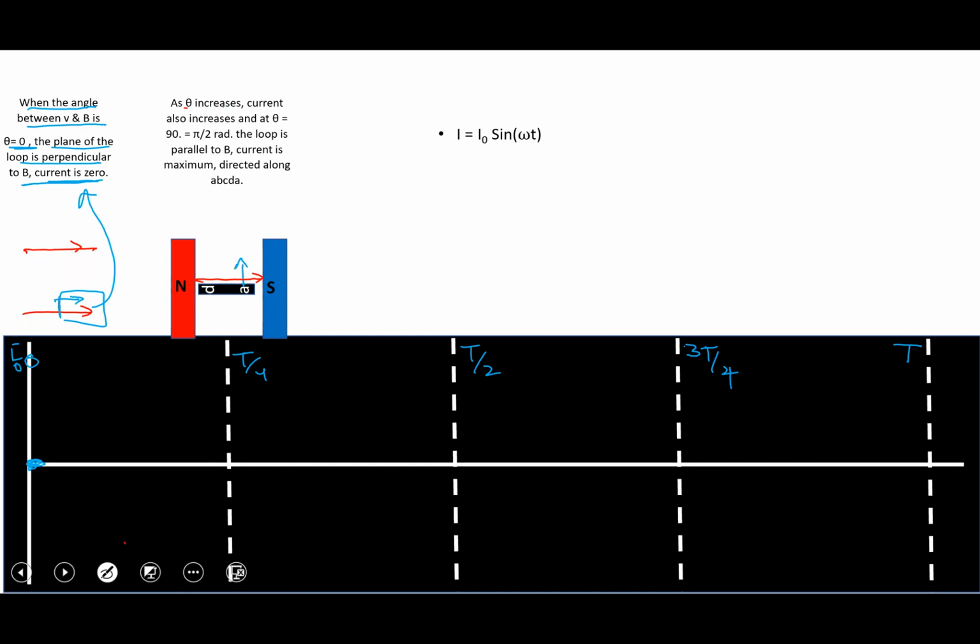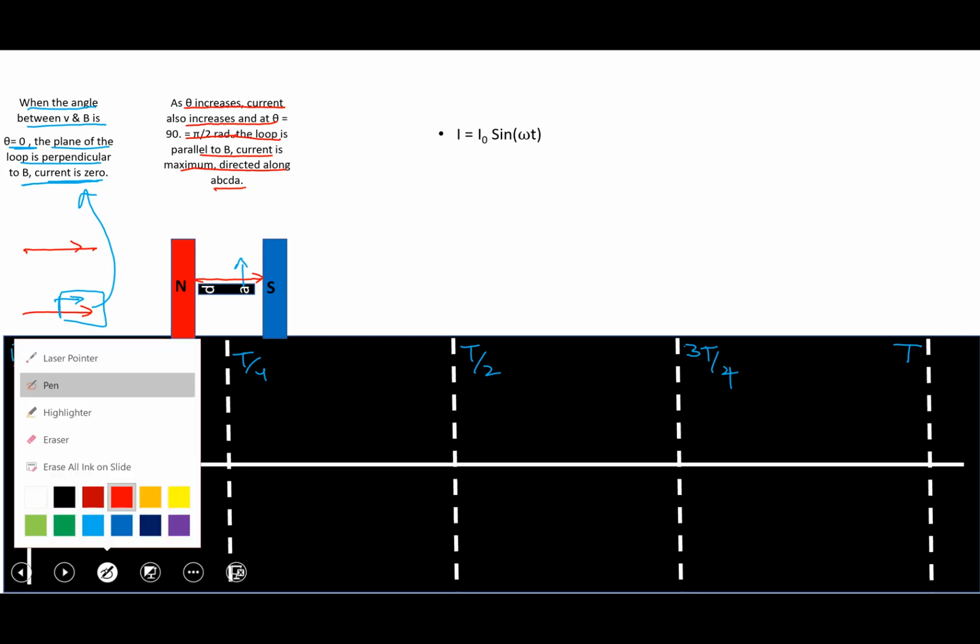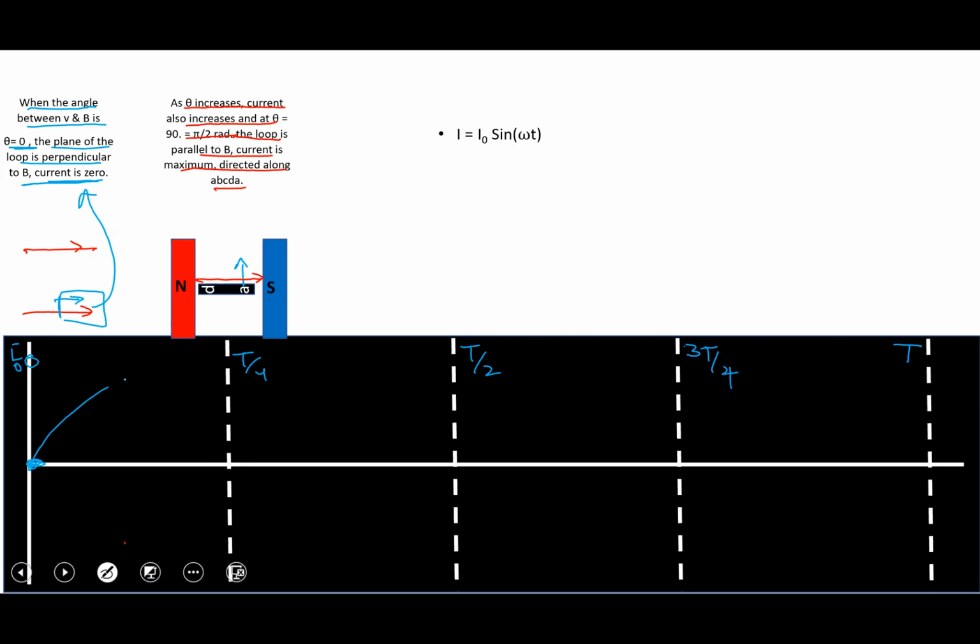So as theta increases, the current also increases, and at theta equal to 90 degrees, the loop is parallel to the magnetic field. The current is maximum and directed along the side A, B, C, D, A. Now the current in this case has risen from 0 to its maximum value at this point. So over here, its value will be maximum.